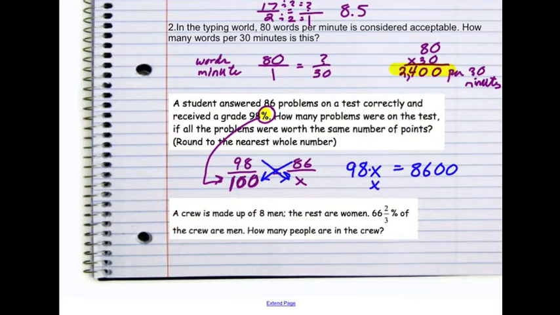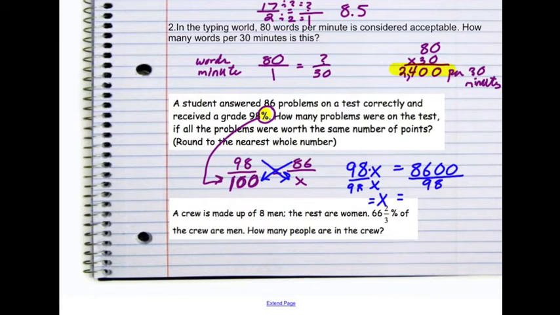If I want to know how many questions are on the test, all I need to do is get rid of the 98. So I'm going to divide 98 by 98, and that's going to equal 1 times the number of questions on the test, right? 1 times that x. 1 times any number is just that number. So it's just x, and I can drop the 1 altogether. But what I don't know is what is 8,600 divided by 98, right?